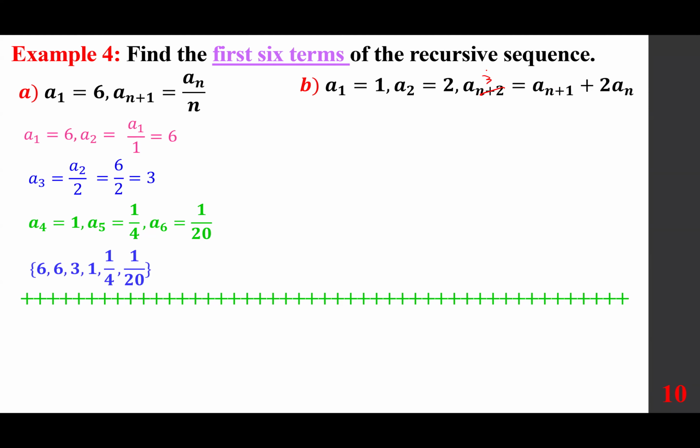So a sub 3, I have 2 ways to go. I can say n plus 2 is 3, and that means n is 1, and I put it here, and this becomes a sub 2. Or I can say just, this is a sub 3, go to the previous one, a sub 2, and then the previous one times 2. So a sub 3 is a sub 2 plus 2 a sub 1, which means 2, 2 times 1, 2, they add up to 4.